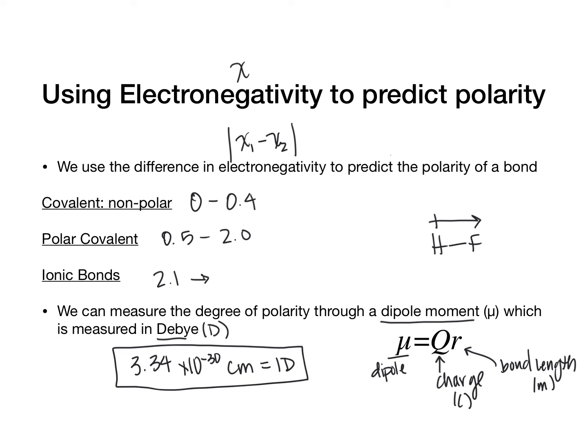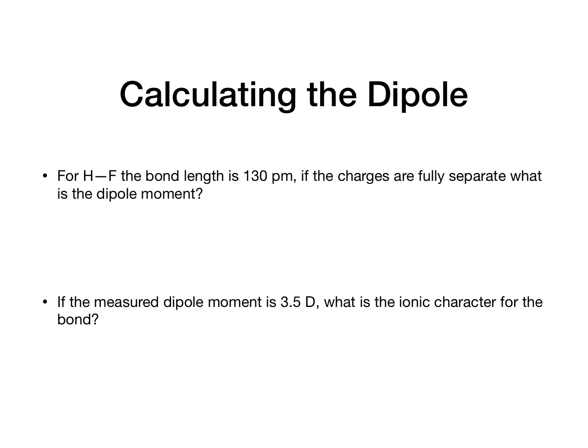We can also predict from the information in a bond structure, and we can start to think about how polar something might be. So for the HF bond, we know it has a dipole moment, and the bond length is 130 picometers.